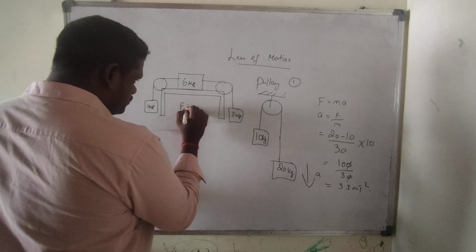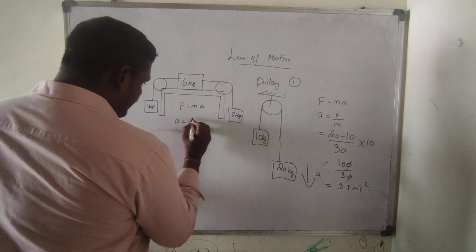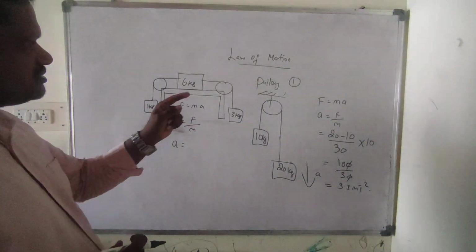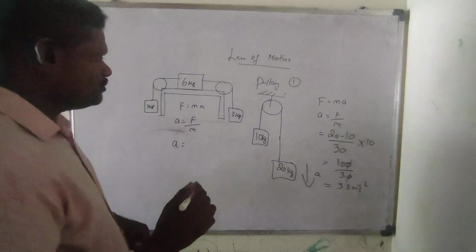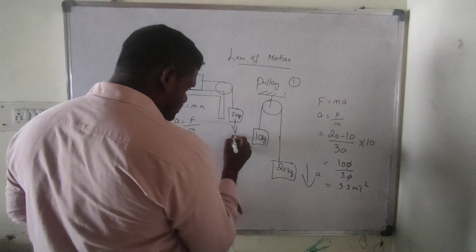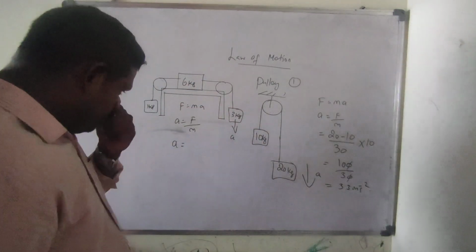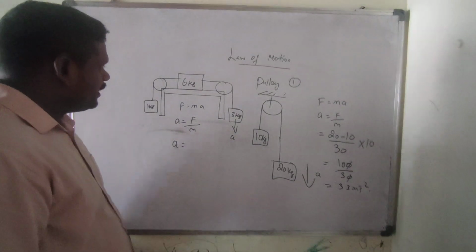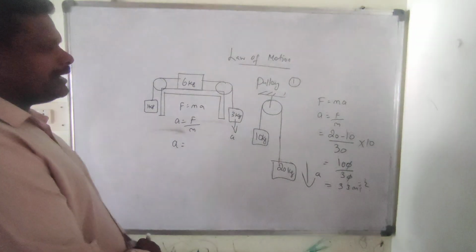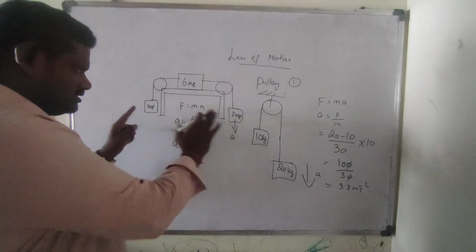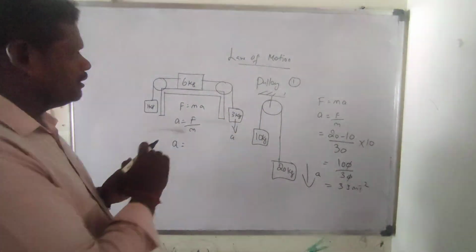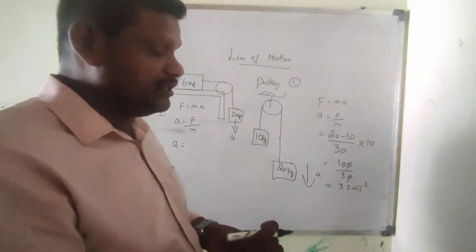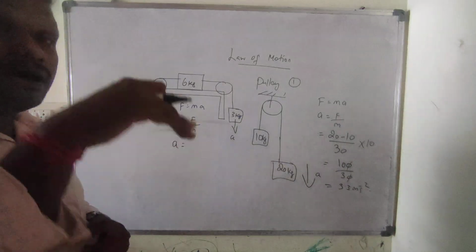F is equal to ma, and acceleration is force by mass. So, now this is 3 kg, this is 1 kg. We know very well the acceleration is in this direction, no doubt. Anyway, we are going to find out the acceleration only. Here, the unbalanced forces are caused by the two hanging masses, because the 6 kg is resting on the table.